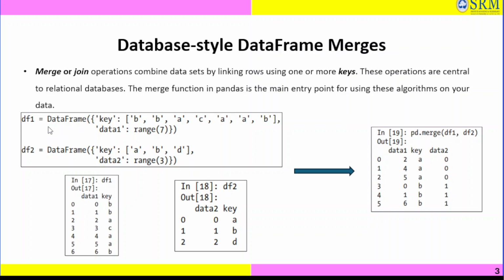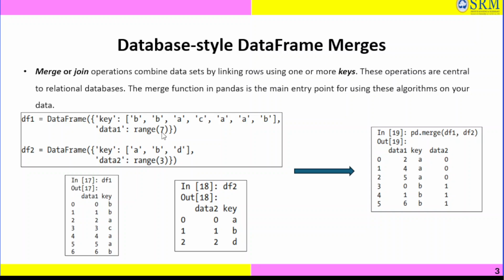Example, we have created data frame df1. DataFrame is a function using parentheses, key colon values, comma, data1 colon values, which can be passed using the range function.